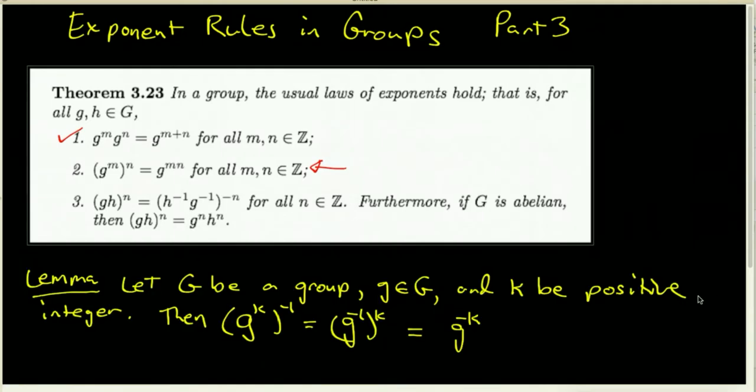Two videos ago, we proved this useful lemma about negative exponents, that g to the k to the negative 1 is g to the minus 1 raised to the k, and they both can then be written as g to the minus k. So without any further ado, let's start working on the proof of the second part of Theorem 3.23.